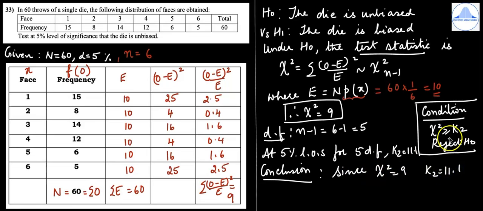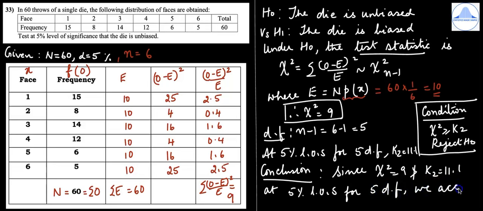So 9 is not greater than 11.1. So at 5% level of significance for 5 degrees of freedom, we accept H0 and conclude that the die is unbiased.